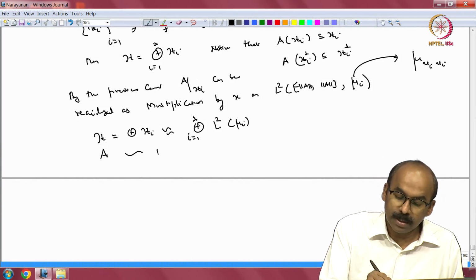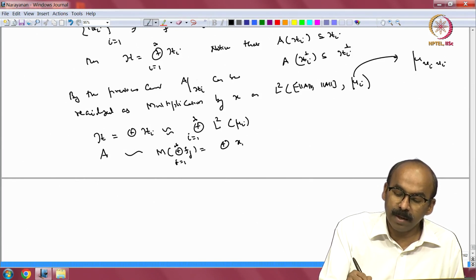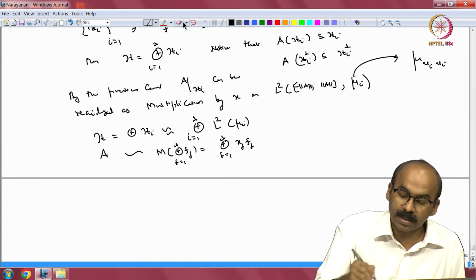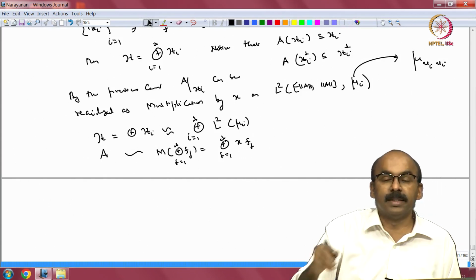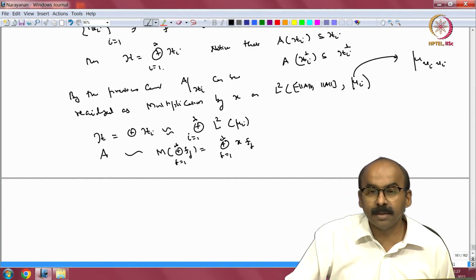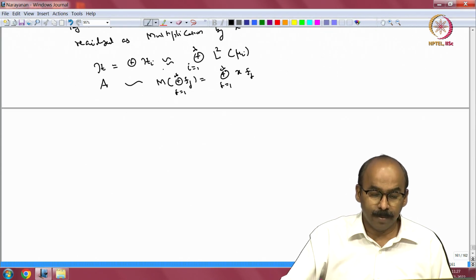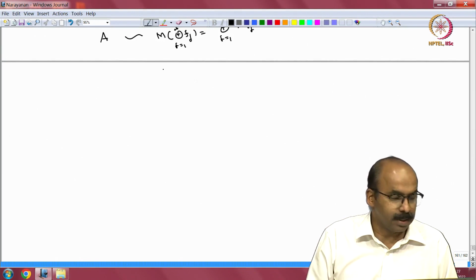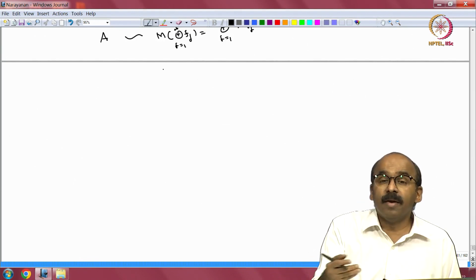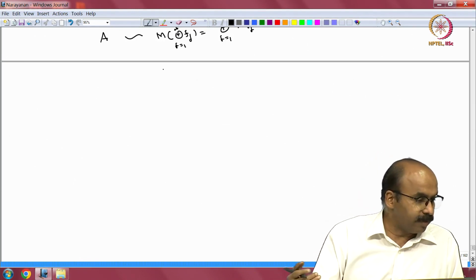So, it is, let us say, M acting on the direct sum of f j, j equal to 1 to infinity, is going to be the direct sum of x f j, right, j equal to 1 to infinity. On each component you multiply by x, right. In the cyclic case there is only one such component. So, this is a proof we have seen before, and it is just the repetition of that. But we started with continuous functional calculus and we have the multiplication form.